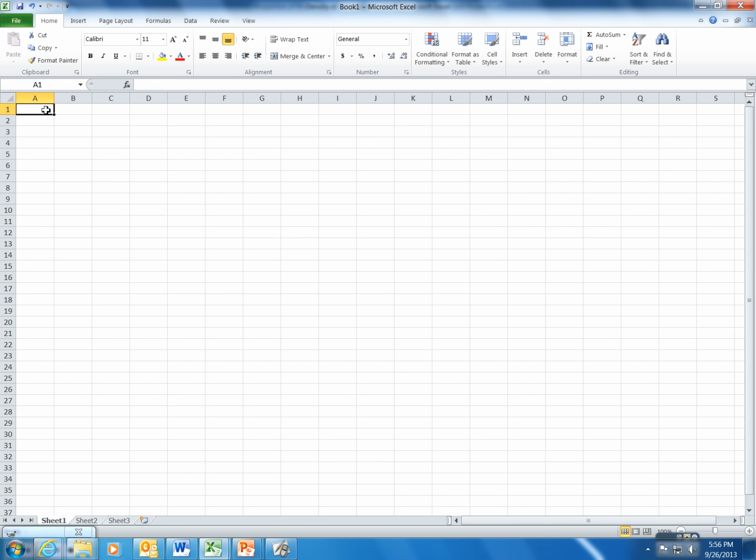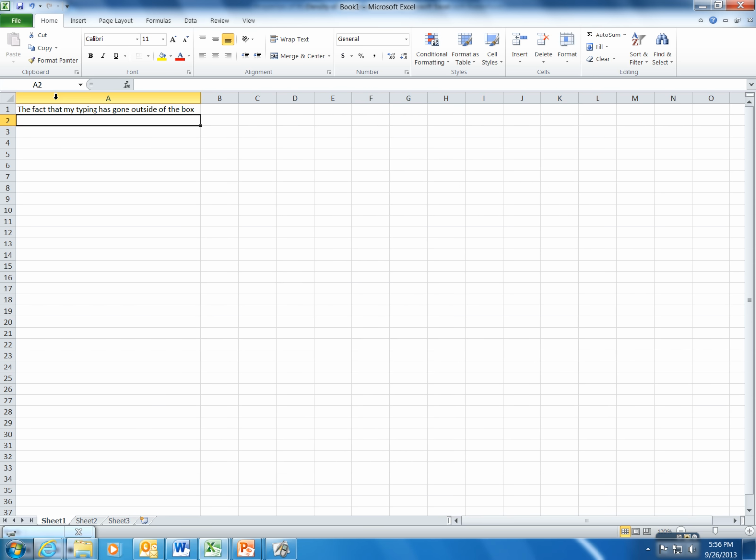You can also, if you type in here, the fact that my typing has gone outside of the box, so that is larger than one cell, I can adjust this automatically without having to slide it by double clicking in between columns A and B, and it makes A automatically large enough to accommodate the text that I put in there.